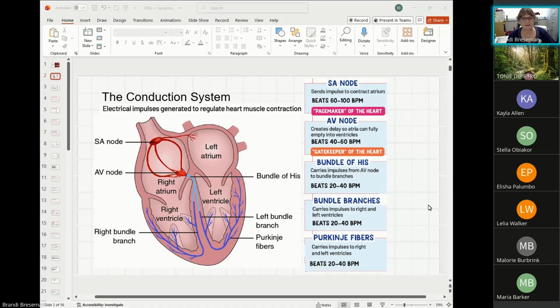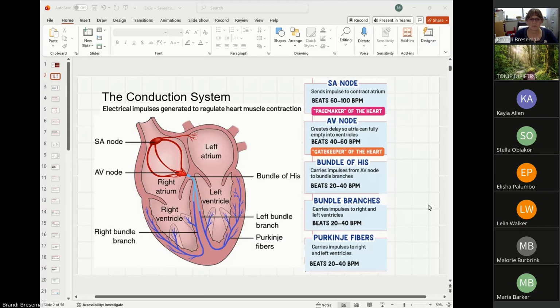So you can see that that is barely keeping us alive, right? If the AV node and the SA node aren't working, that inherent rate of the ventricles is barely going to keep somebody alive. So we don't want these things pacing our heart. We want the SA node, or worst case scenario, the AV node.